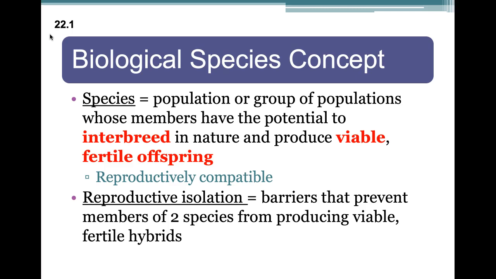So these are things that can take place over time, as hopefully you saw in the video clip that was just a couple minutes long. And there's going to be some barriers that we're going to talk about in just a moment that prevents species that are similar from reproducing with one another.